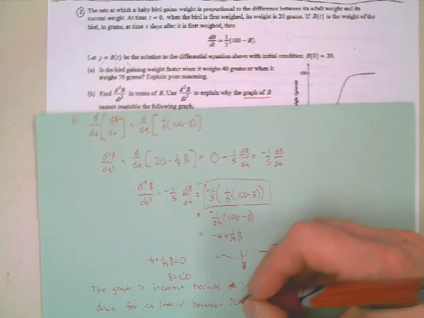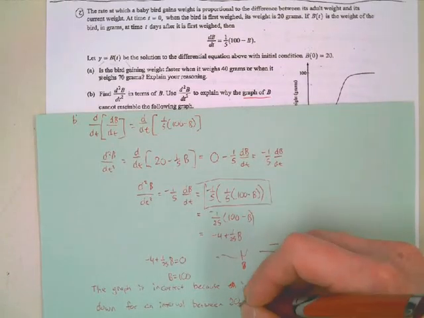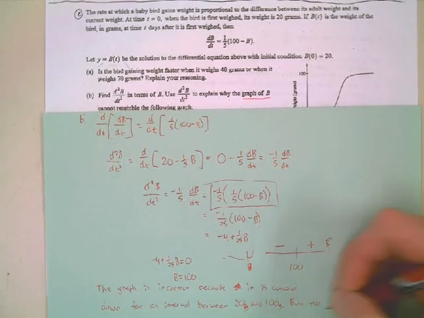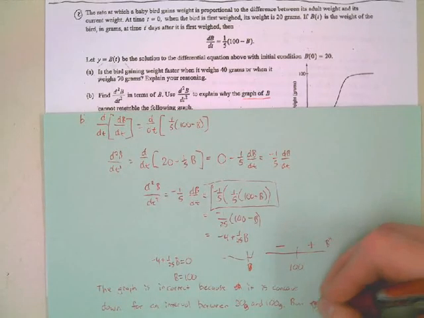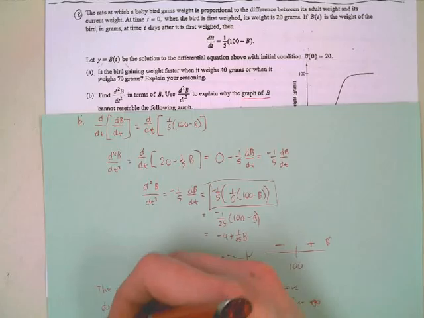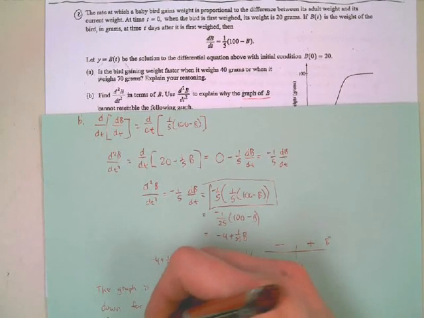But the second derivative, d squared b dt squared, is negative for the entire interval.